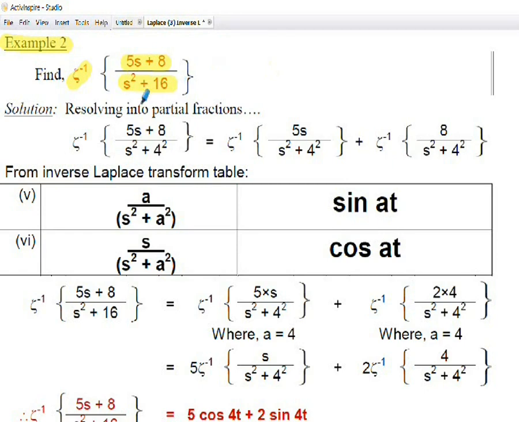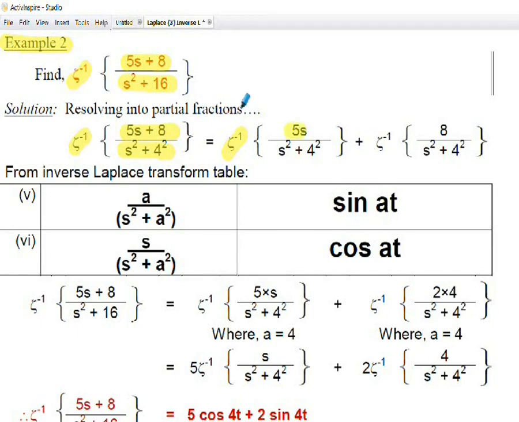So in this case, given the inverse Laplace transform of 5s plus 8 over s squared plus 4 squared. Notice I've put the 16 into 4 squared because often it's an a squared term on the bottom, so I've changed the 16 to 4 squared. What I could do is write the inverse Laplace transforms in terms of the partial fractions.